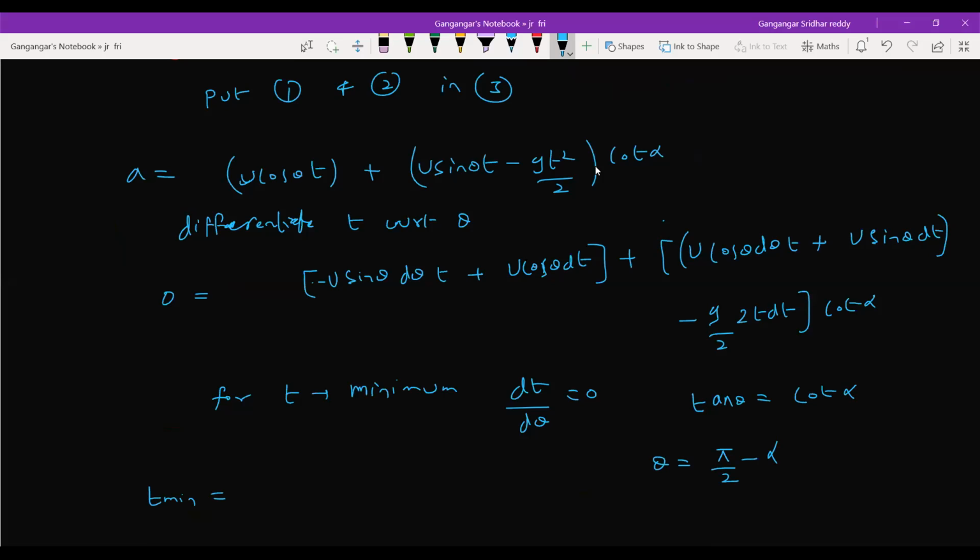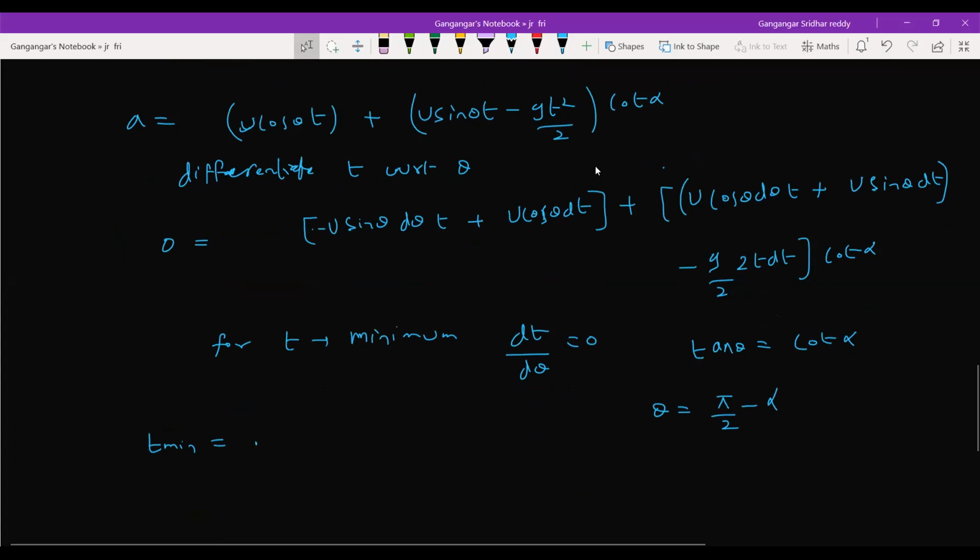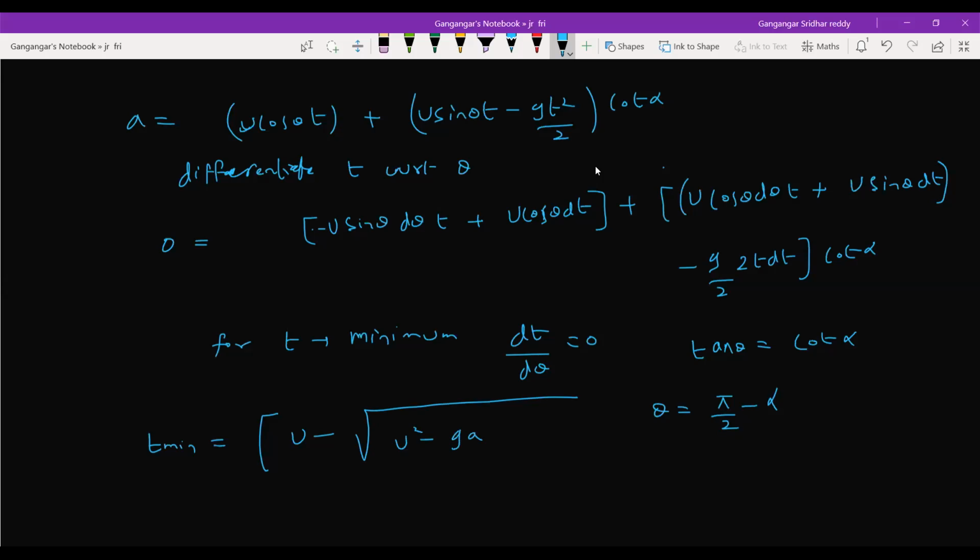T minimum, I'll write the answer. You check later on. u minus root of g a sin 2 alpha. Check it once.